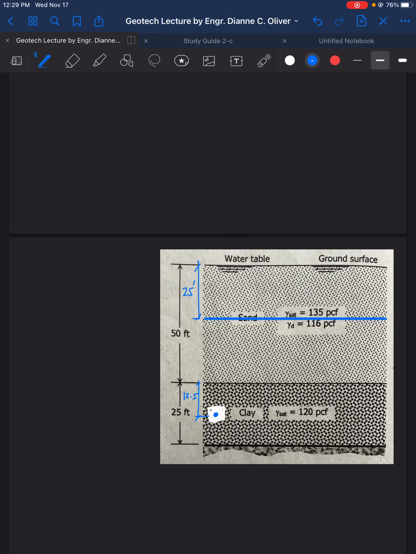And since it is lowered to 20%, that means S is equal to 0.2. So that is 20%.